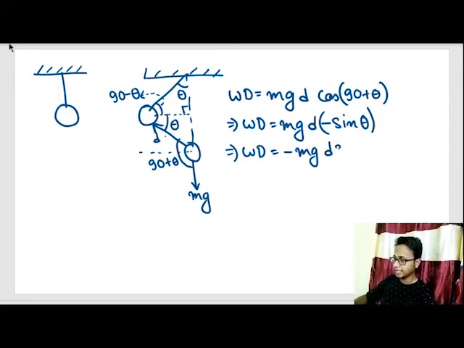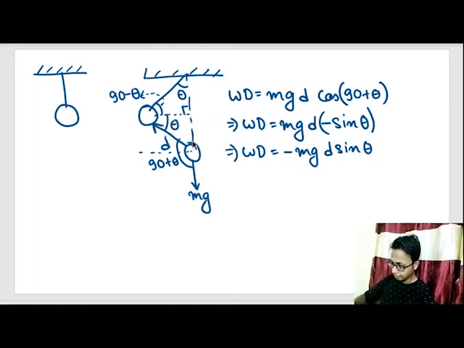What is d sine theta? If this entire length is d, what is d sine theta? D cos theta becomes this length, so d sine theta becomes this length.